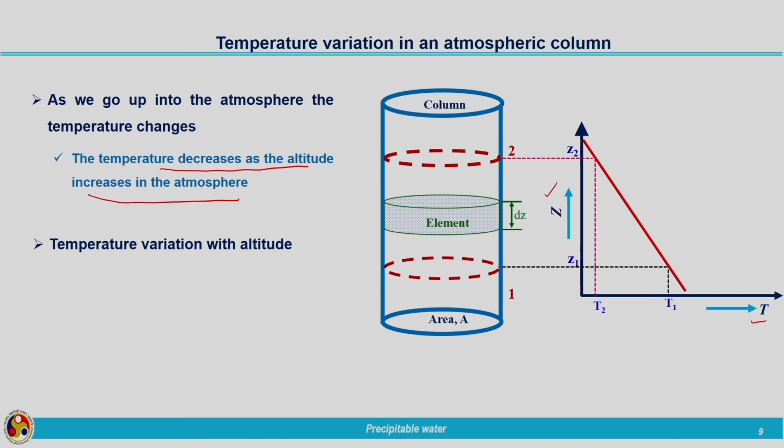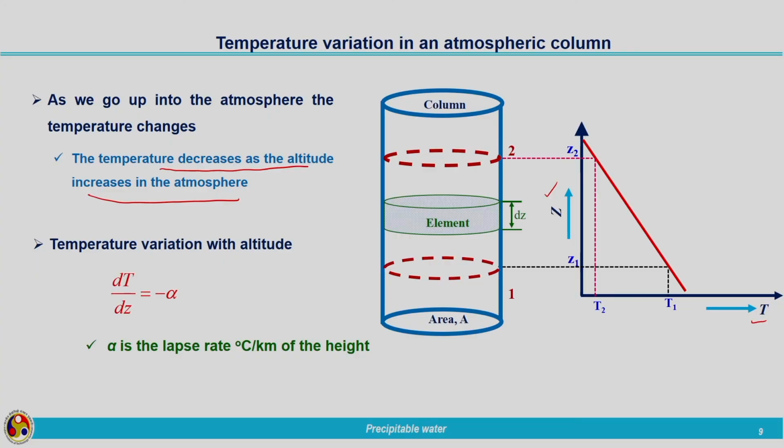The variability of temperature as we move up into the atmosphere is linear, and as the altitude increases, the temperature decreases. So, the temperature variability with respect to altitude, that is Z versus T, can be plotted like this as a linear plot. Now, temperature variation is given by this lapse rate equation, dT by dz.